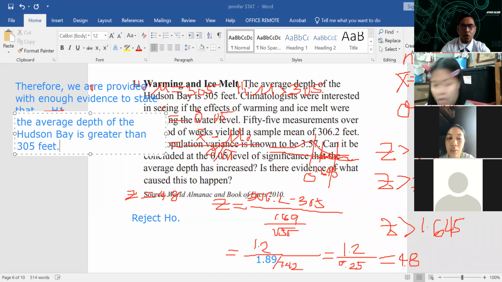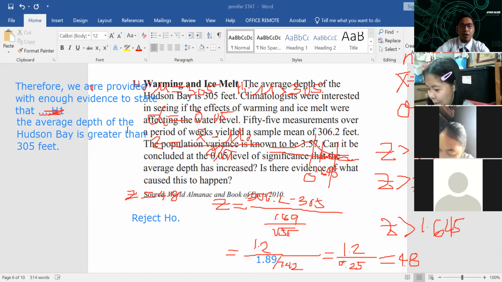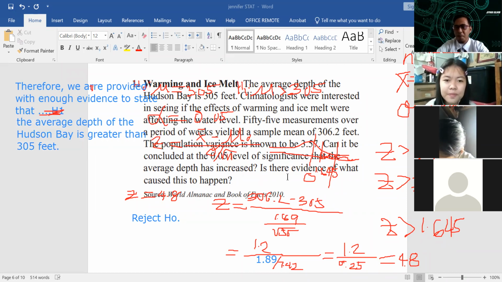Or you can also say that the average depth of the Hudson Bay has increased. That is fine, as long as the alternative hypothesis is stated.